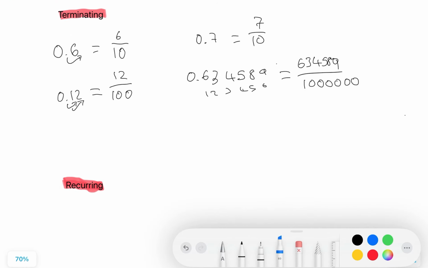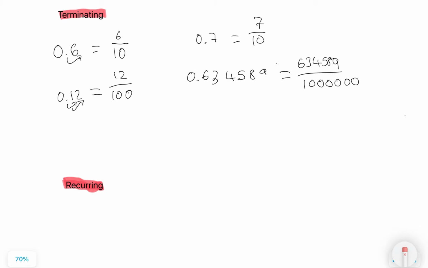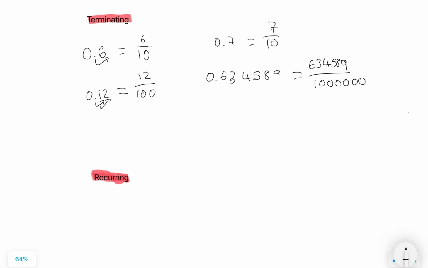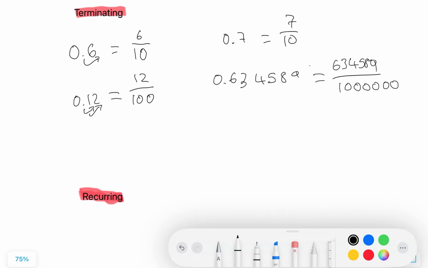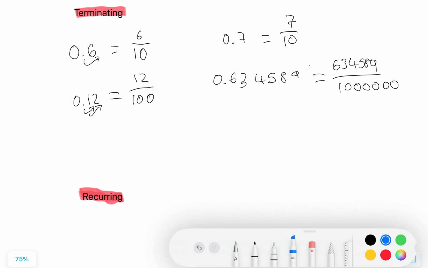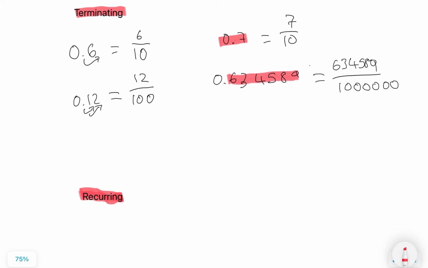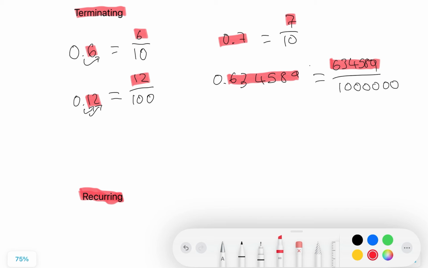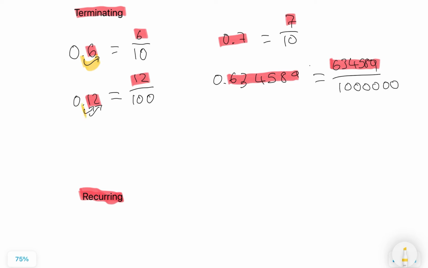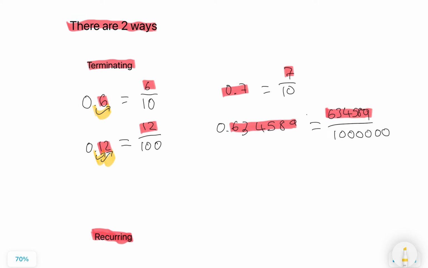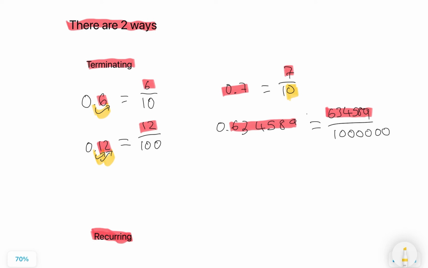It's not really that hard, because you just have to count the numbers after the decimal point and put those numbers on top. I'll highlight some things if you're a bit more unsure. These numbers here will all go on the top, and the number of places you move the decimal point will correspond to the number of zeros.